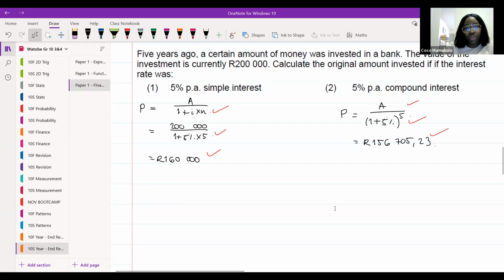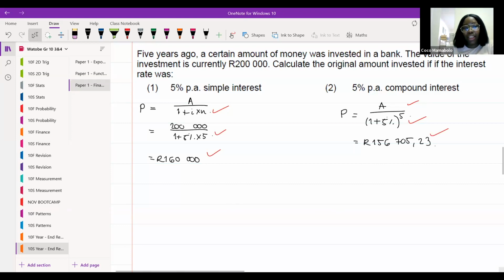Anna, why not? What's happened? Double check. Did you write 5%? Did you make sure that it's 5 over 100? Did you make sure it's to the power of 5? Just double check everything. What answer did you get?